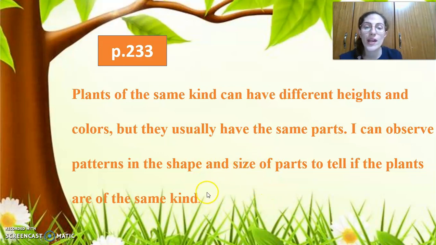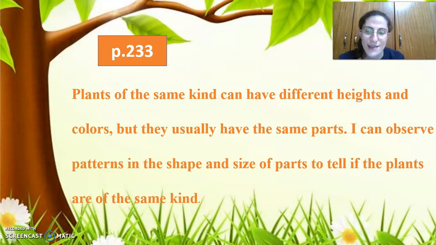Like for example, one has small leaves and the other has big leaves, but both have the same shape. This means that one is a young plant and the other is a parent plant, and both of them are of the same kind. Why? Because they share the same shape of the leaf, the same shape of the flower, and the same shape of the stem, but different sizes, which means that one is a parent plant and the other is a young plant.